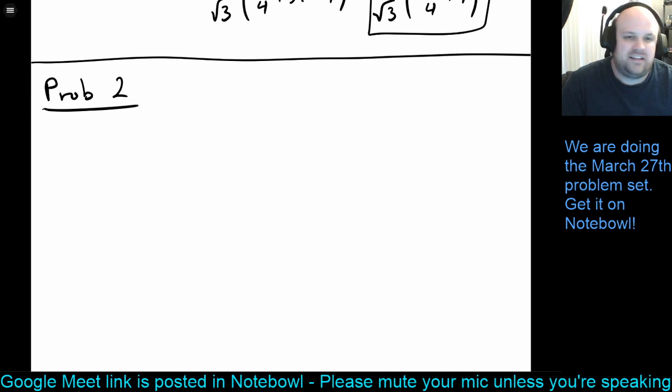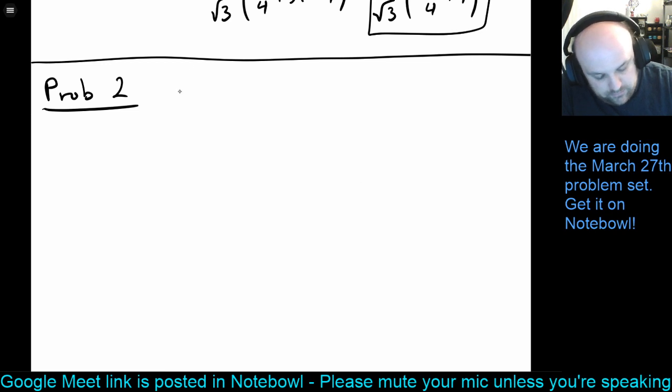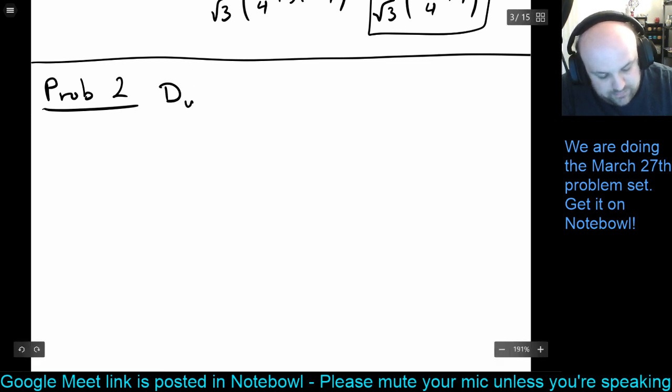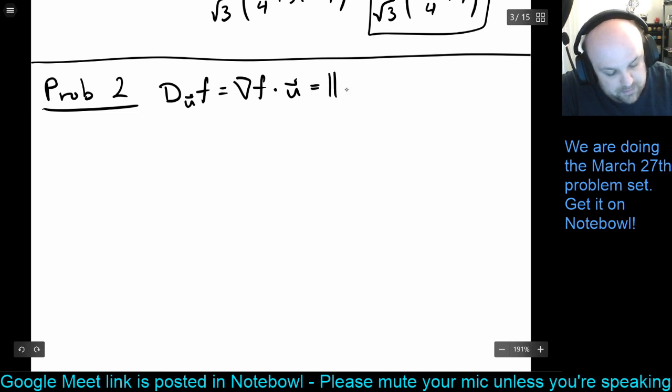So remember, this idea of a maximum rate of change came down to looking at the formula for the dot product in its other expression, right? So, when we're doing a directional derivative of f at some point, we're looking at it as gradient of f dot product u, which, if you remember, we can write like this.